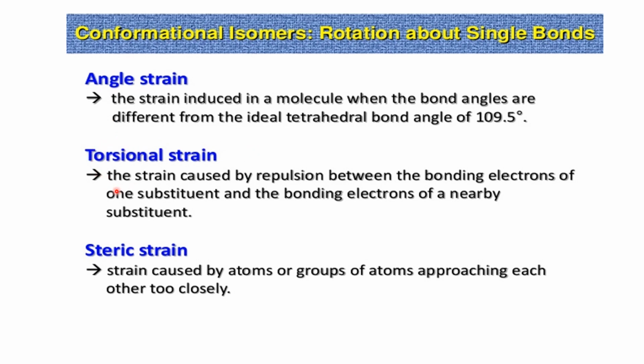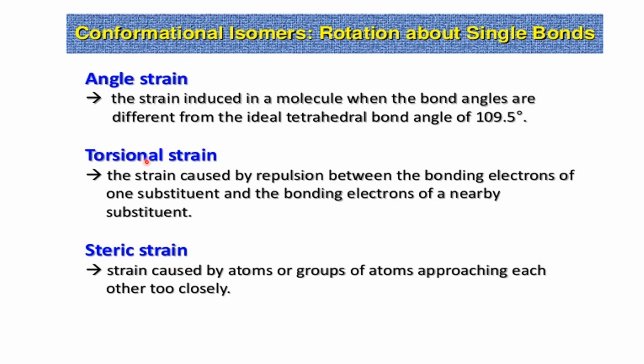It is the strain caused by the repulsion between the bonding electrons of one substituent and the nearby substituent. And another strain is the steric strain. These two strains, torsional strain and steric strain, are the reason why the staggered conformation is more stable than the eclipsed conformation.